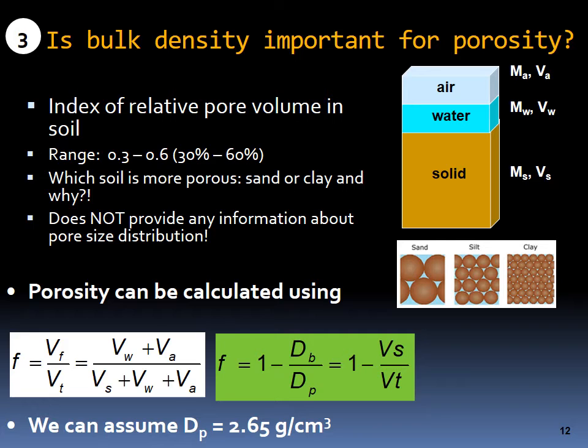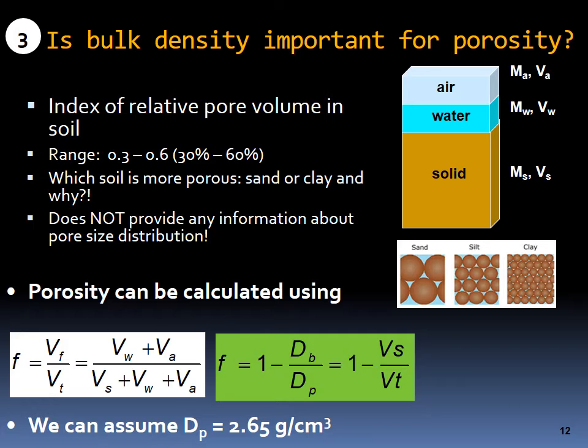Now, how can you calculate the porosity using an equation? Very easy. The porosity can be indicated as F, so it can be expressed, as we said, as the volume of the pore space divided by the total volume of the soil.